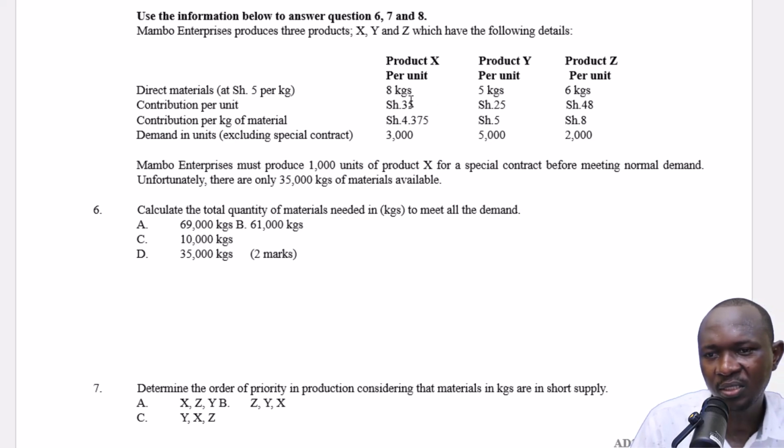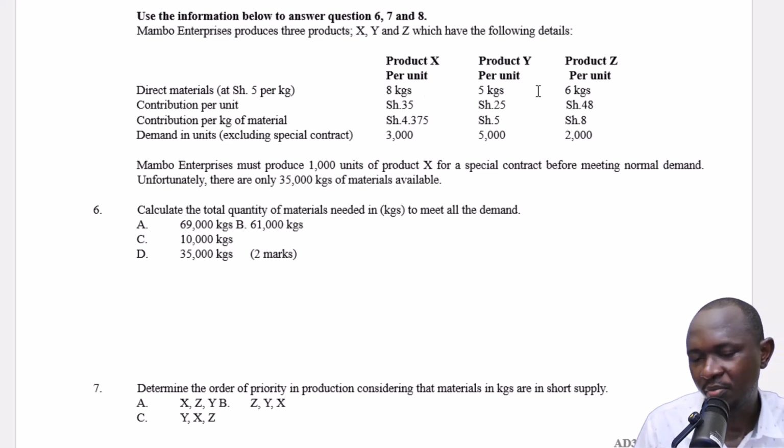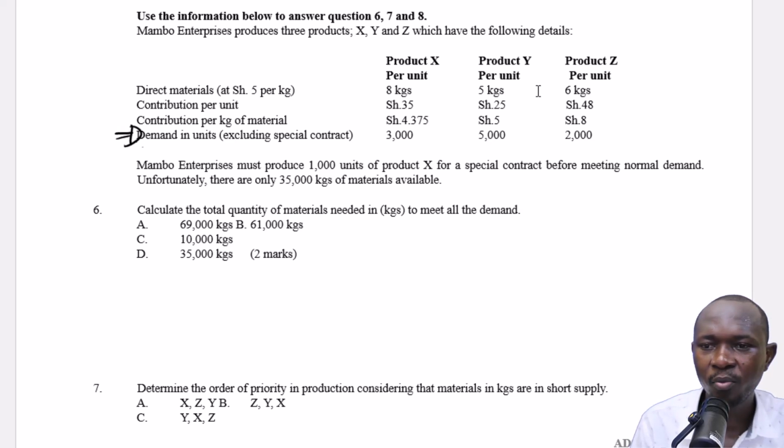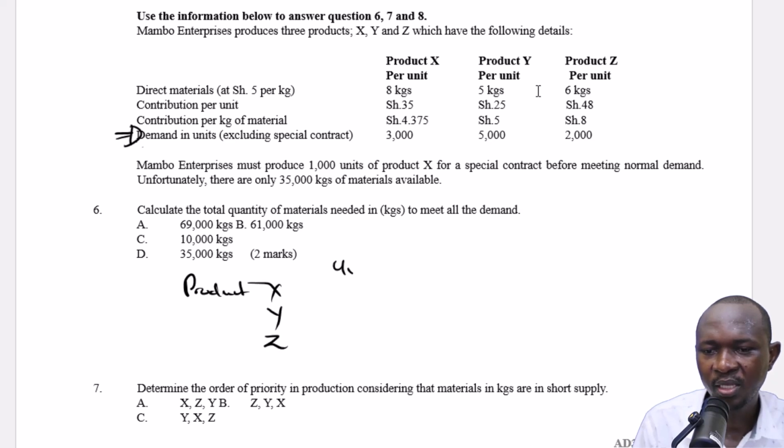So the question is, how many units will be produced? That answer can be seen on the demand in units. So for product X, product Y, and product Z, the number of units and then the kgs that make 1 unit.